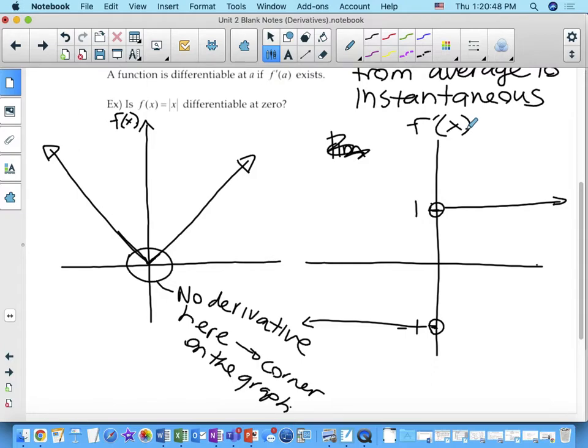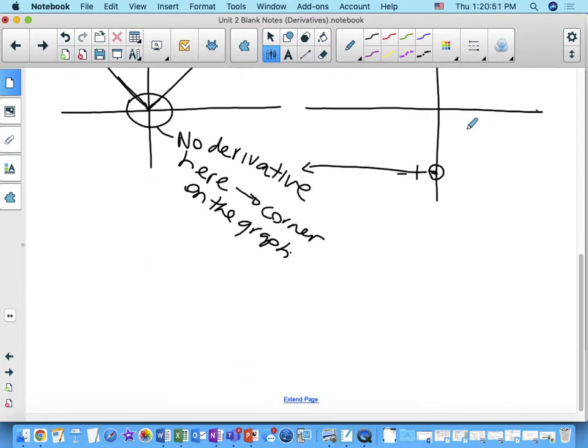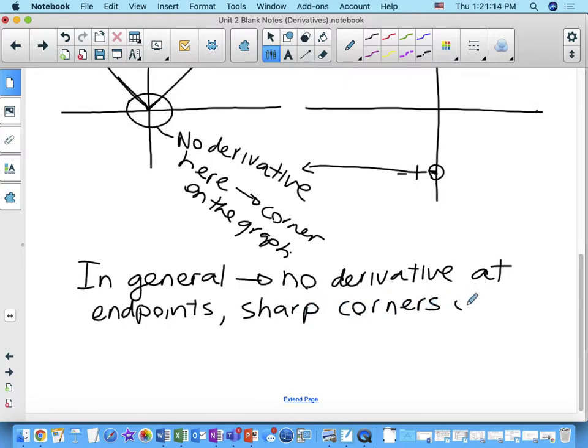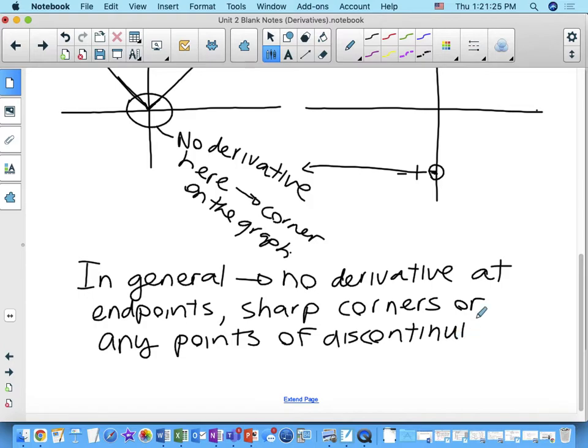Okay, in general, there's no derivative at endpoints, sharp corners, or any points of discontinuity on f of x.